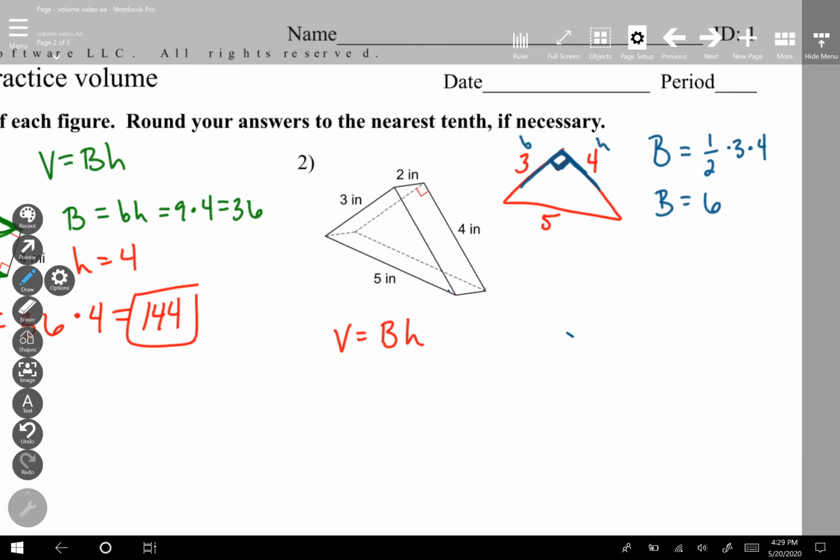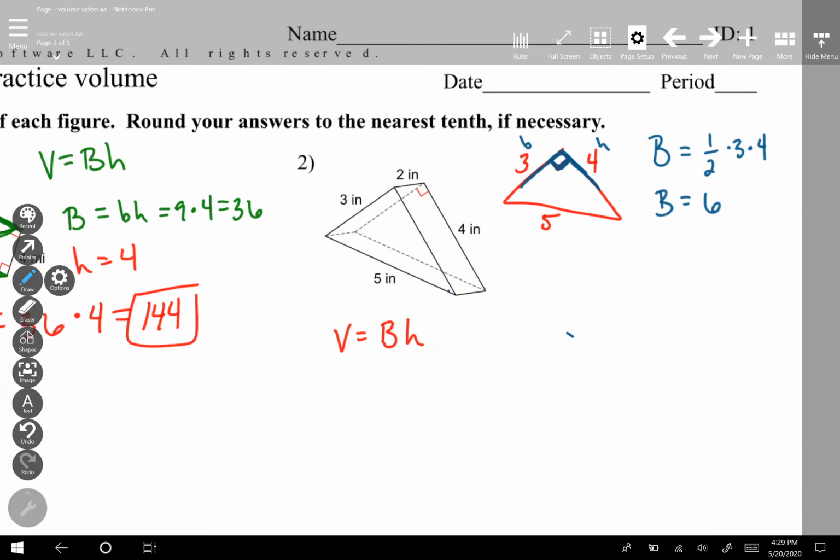Now if I want to leave this in terms of pi, I'm going to type everything in the calculator except for pi. So I would do 1 divided by 3 times 16 times 8. So that gives me 42.6 repeating. Okay, just look at the second one. It's a 6. So it's going to be 42.7. And you got to put pi at the end. Okay, so 42.7 pi.